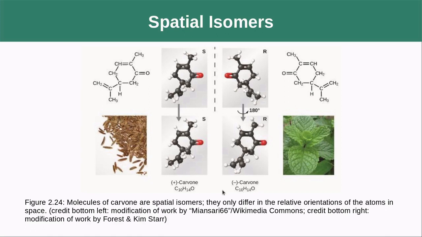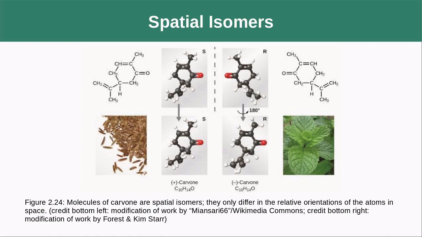A lot of medicines and things of that nature have these properties, and sometimes they can be very medicinal, and other times they cannot. One famous example was a drug called thalidomide. It had both an S form and an R form. The S form was found to be helpful to women when they were pregnant to avoid morning sickness.